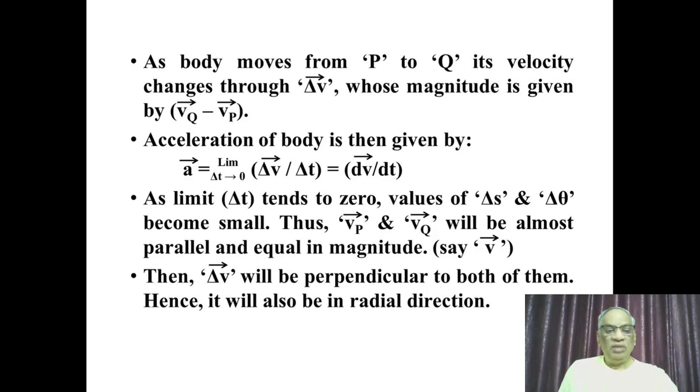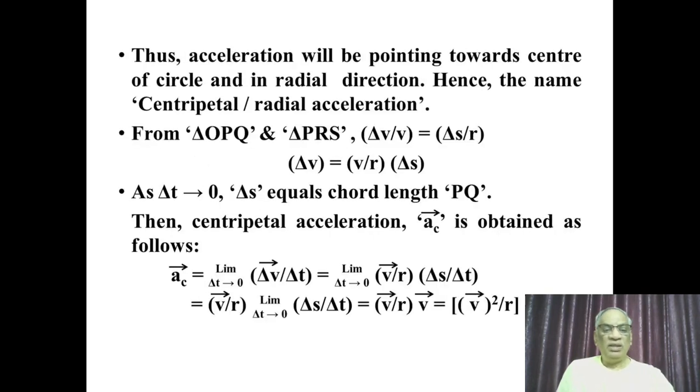As a result, the velocity vectors Vp and Vq will be almost parallel and equal in magnitude. Then delta V bar will be perpendicular to both of them and hence will be in the radial direction. Thus the acceleration points towards the center of the circle in the radial direction, hence the name centripetal or radial acceleration.